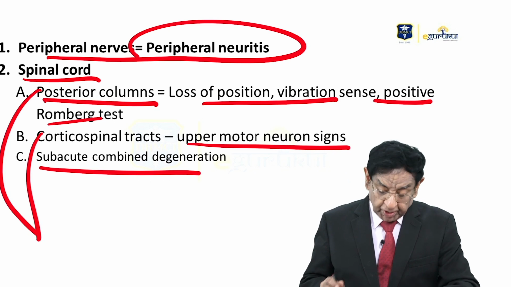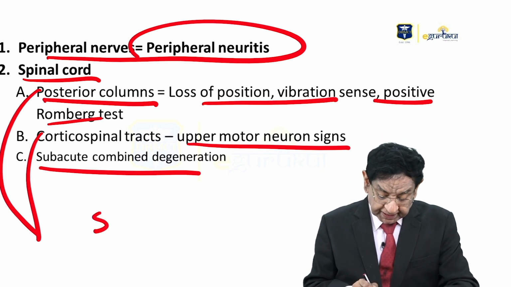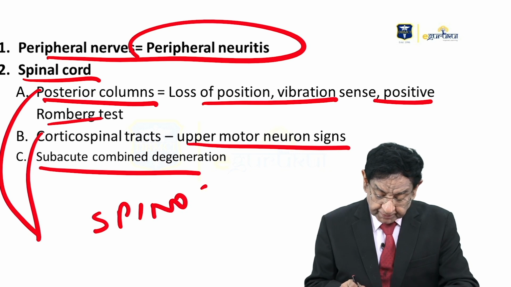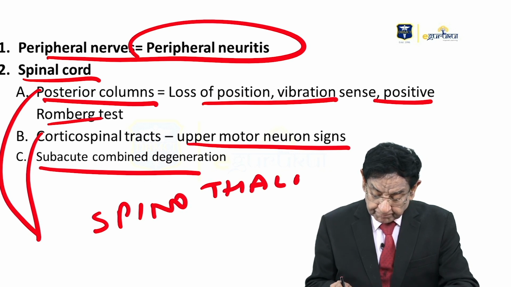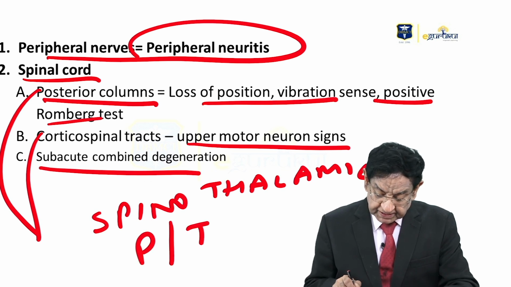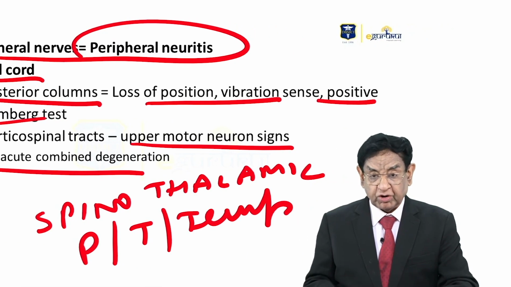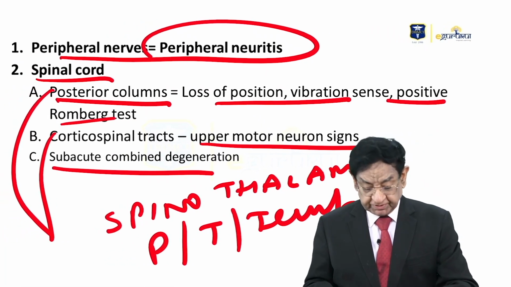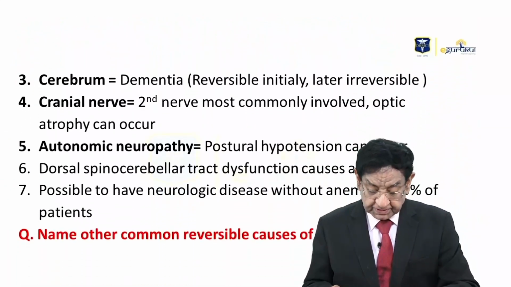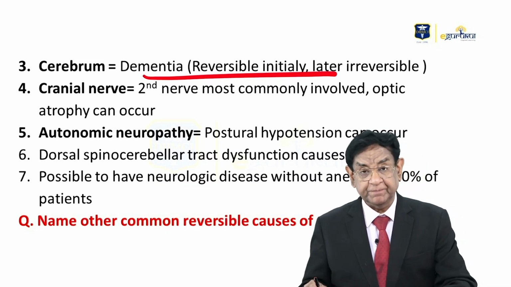Okay. Point to be noted that the spinothalamic tract, which carries pain, touch, temperature, is not involved, it is spared. Only position and vibration sense go. Cerebrum, it can lead to dementia, reversible dementia.